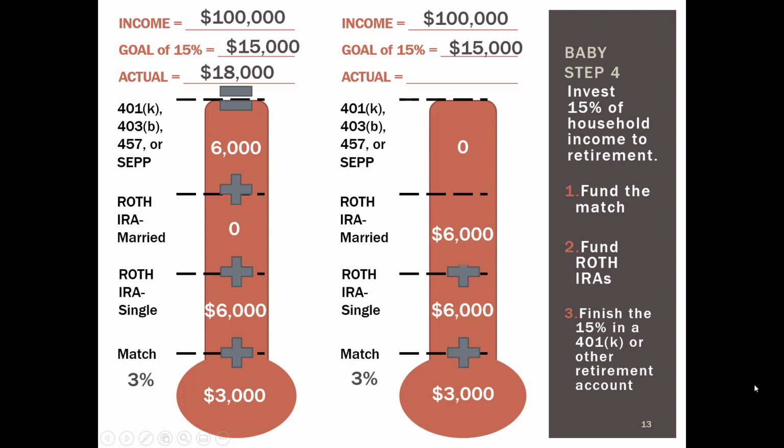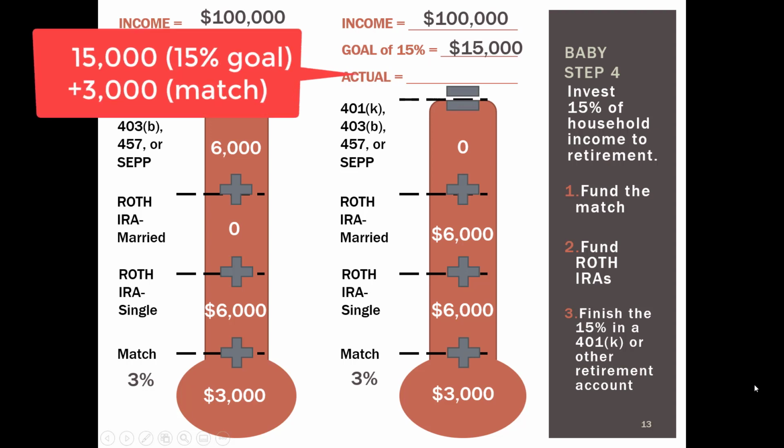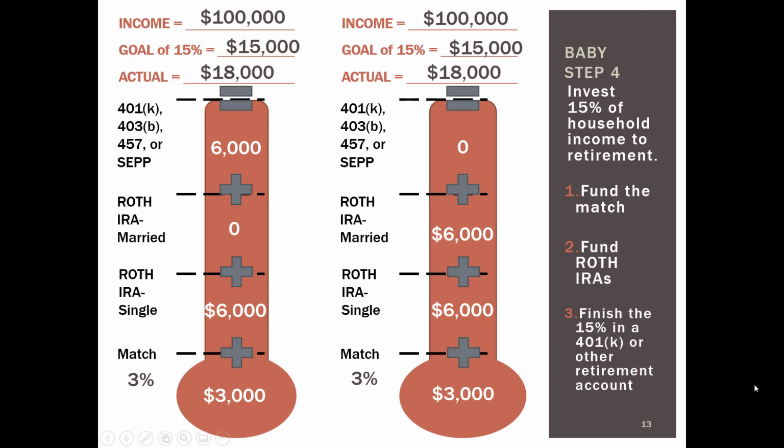And if I check this again, when I add all four boxes together, I equal my goal of 15%, which means I'm done. Now remember, the actual amount I walk away with is my goal of 15% plus my match. So I still walk away with $18,000. But it does look a little different in how I allocate my money based on whether I'm married or not.